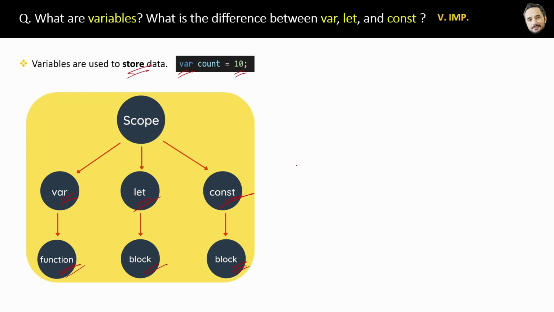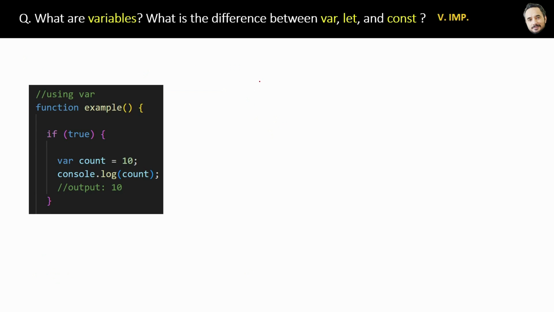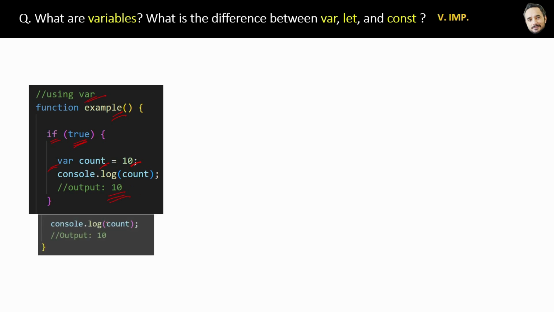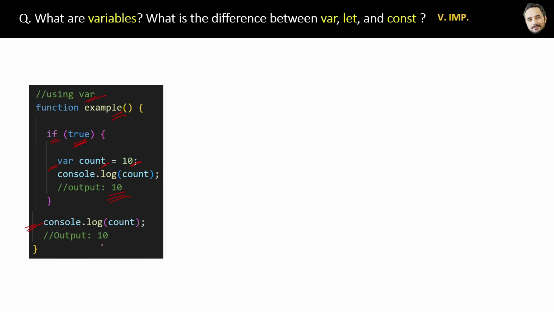Now let me show you the differences between them with the help of code. Here is the code example for the var keyword. We have a function, and inside it an if condition that is always true. Inside it, we use the var keyword to assign count a number value of 10. When we print the count inside the if block, the output will be 10, which is expected. But when we print the count even outside the if block, it will still print 10 as the output.